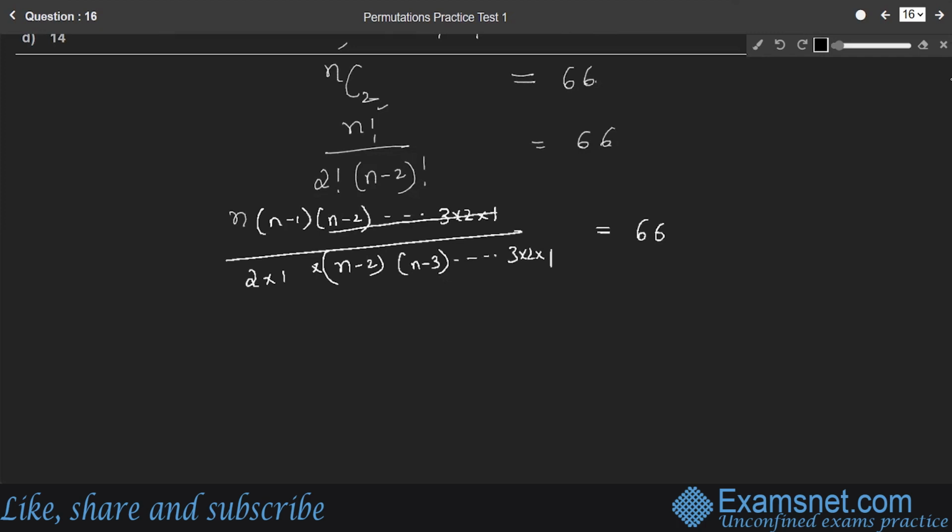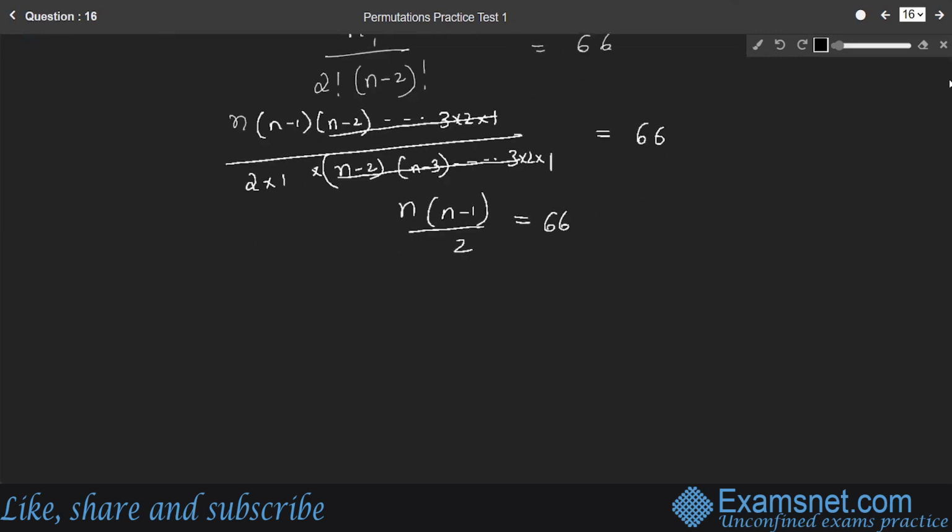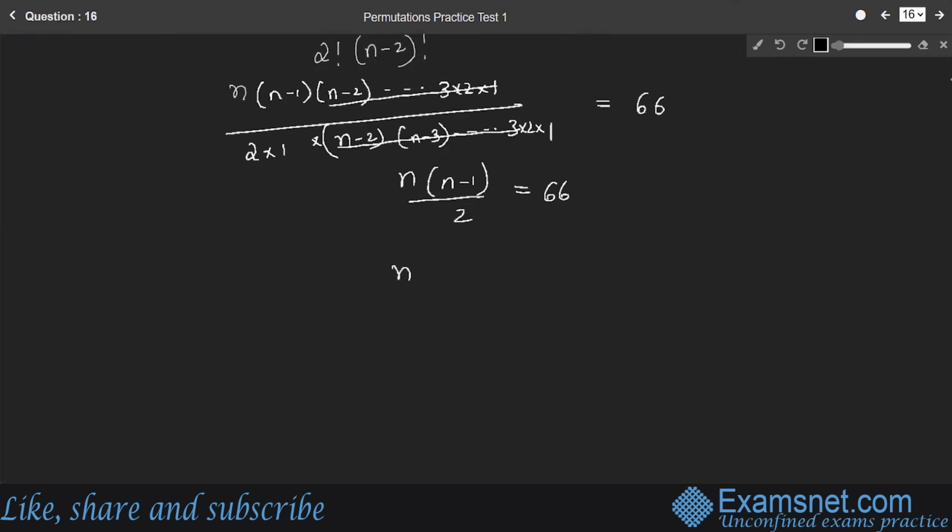So these two parts will get cancelled. So we have n into n minus 1 by 2 equal to 66. Now find the value of n. n into n minus 1 is n square minus n, equal to 66 into 2, which is 132.